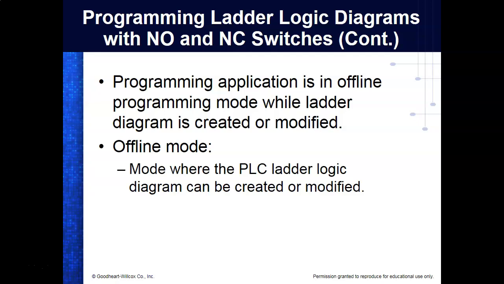This is where we can download a program into the PLC. Normally we'll have a switch on the PLC. On the 1100 we do it through the front panel, where you can switch it between these two modes. So program mode is when you download a program into the PLC. Run mode is when the PLC will start running the program automatically. As soon as you switch it into run mode, it'll hit rung 0 and start from there, and then it just loops.